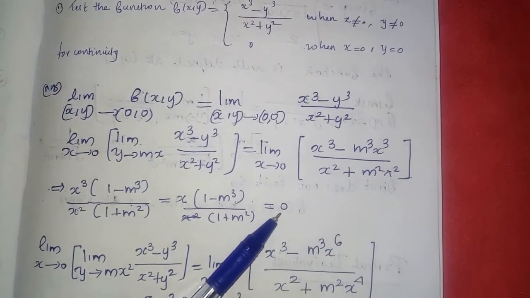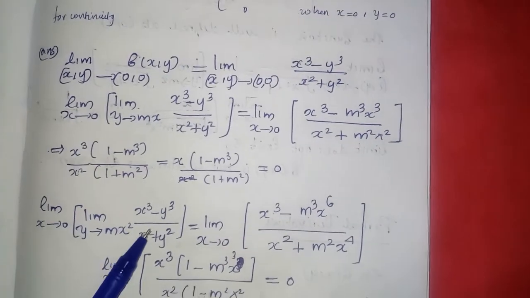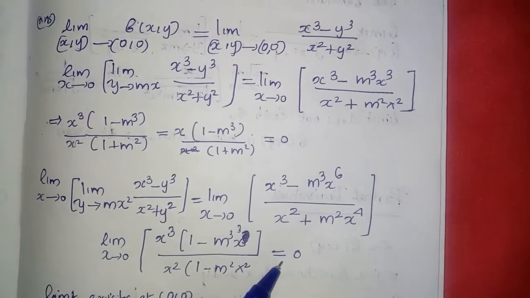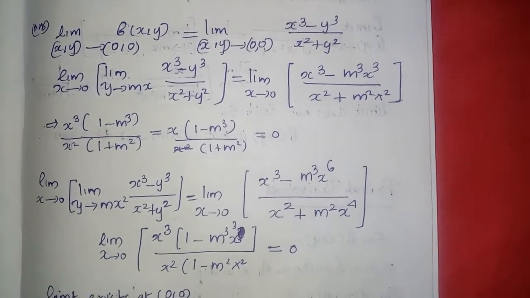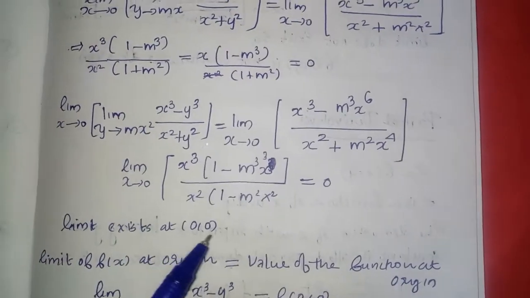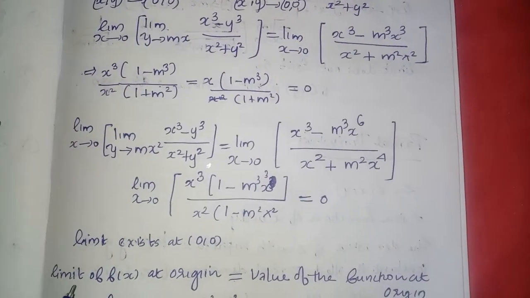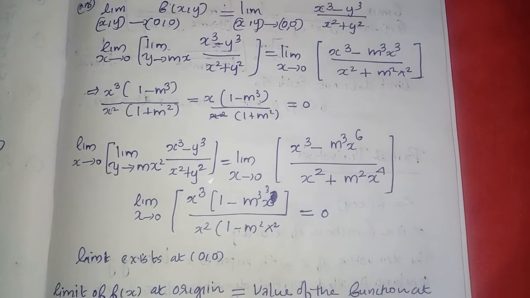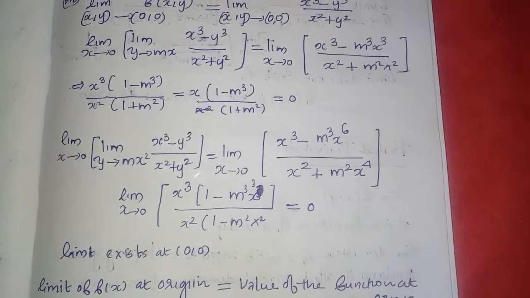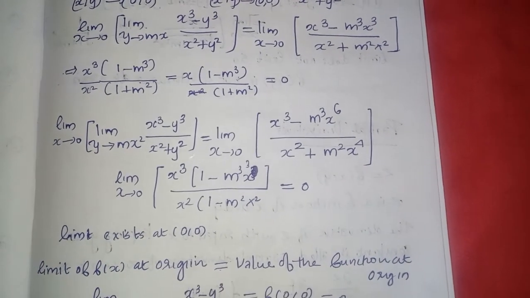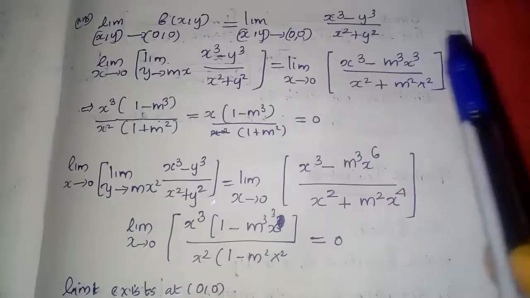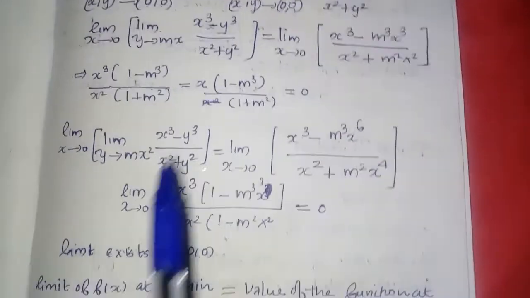So these are the same, so the limit exists. Then we substitute mx square for y and check the limit, and that will also be equal to 0. So the limit as (x,y) tends to (0,0) exists. We check the first step, that it is well defined; second step, the limit of the function at the point; and third, the value of the function at the origin, which is also 0 in the given question.